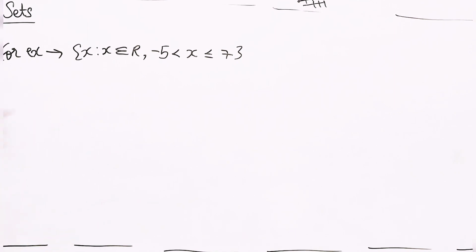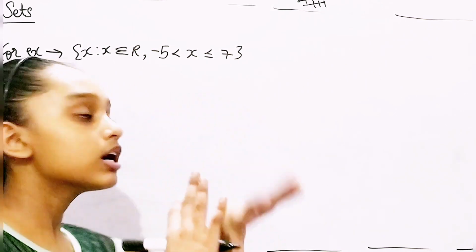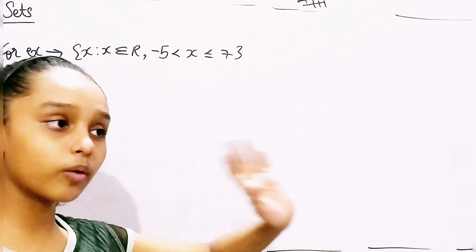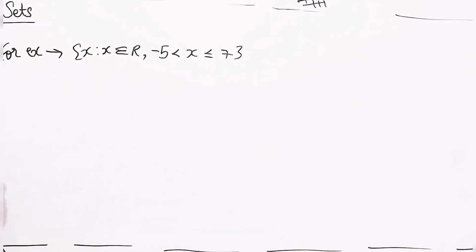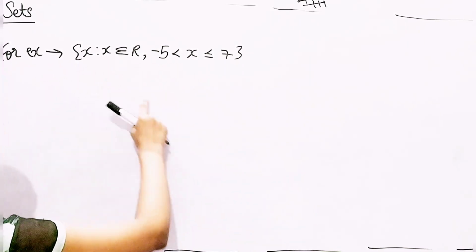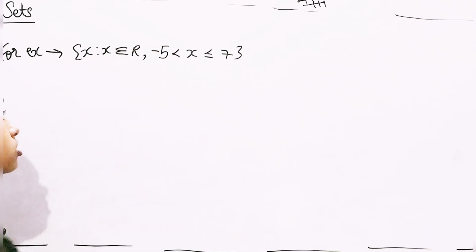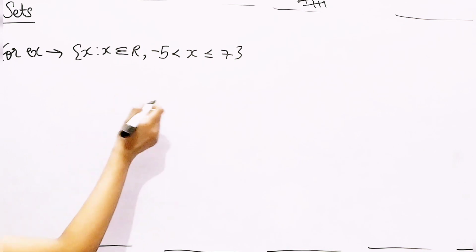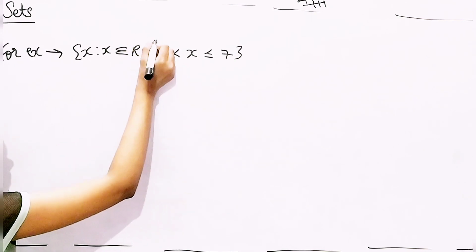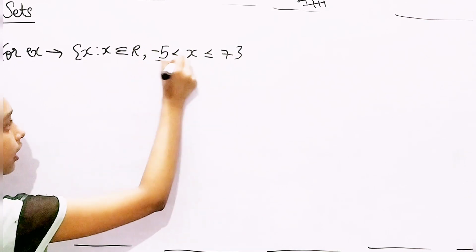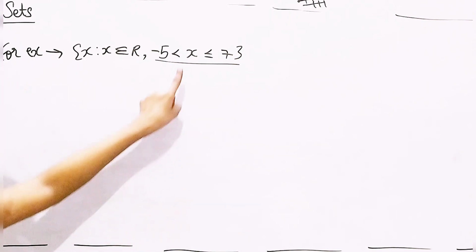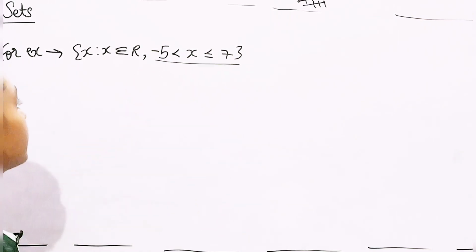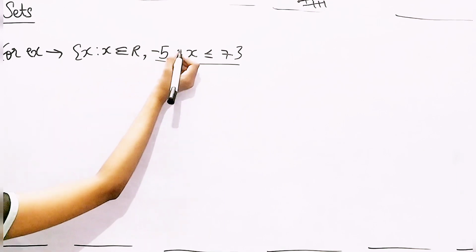Let's continue. We will have these types of questions in intervals. This is written in set builder form, isn't it? So we have to write it in interval form. Let's look at this part, x.